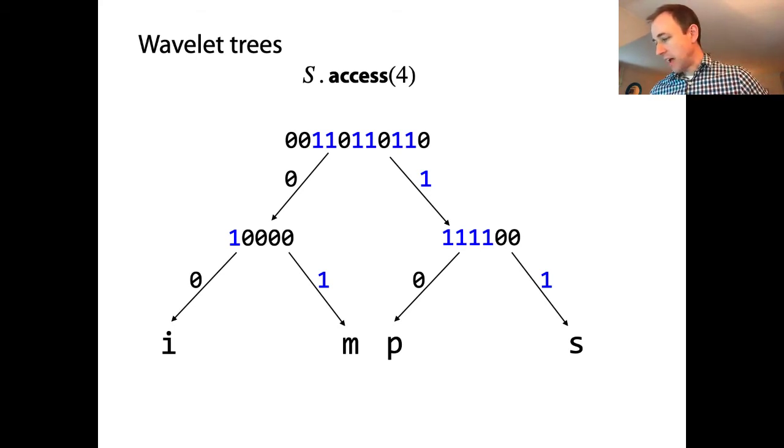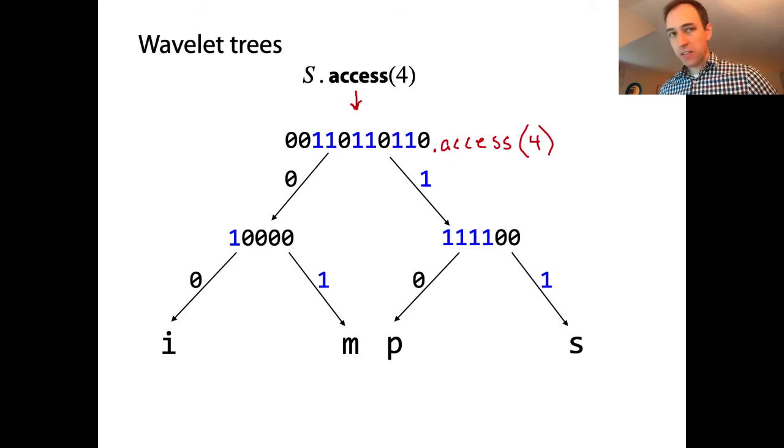And what we're asking is, what's at offset 4 in the string Mississippi? Here's how we'd solve that problem. We would start up at the top, at the root. The first thing we would do is take the bit vector at the root and just turn around and pose the same access query to that string.